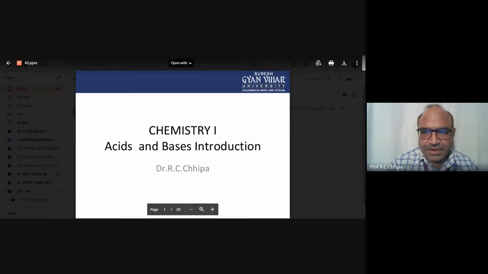0 to 7. Whereas the alkalis, also called bases, are related with a pH of 7 to 14. Here the color changes in the case of bases, from the paper's yellowish color to bluish.